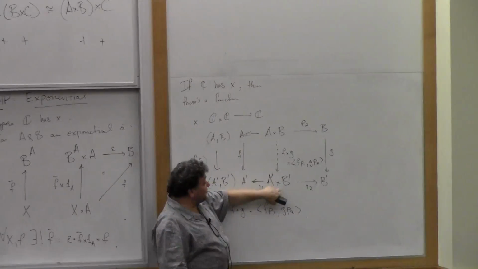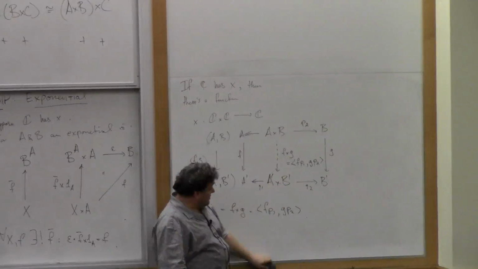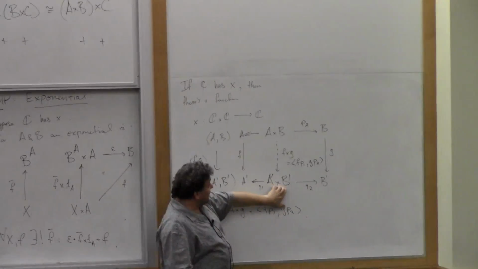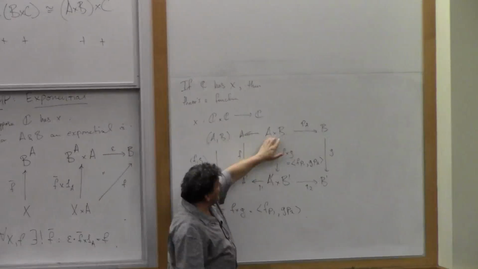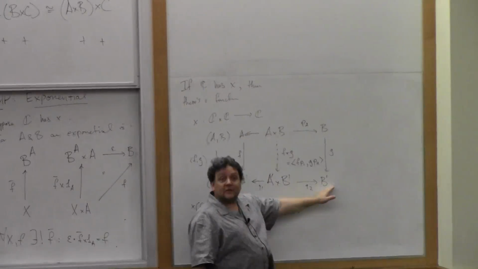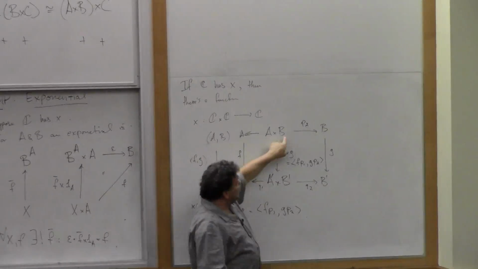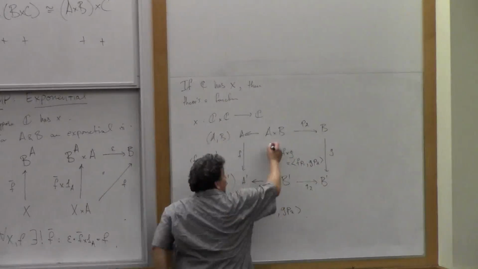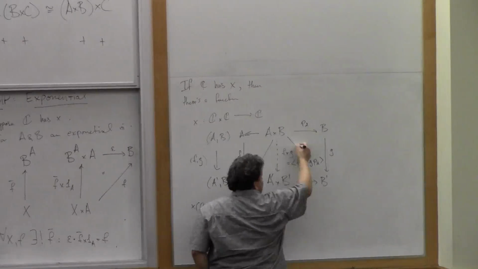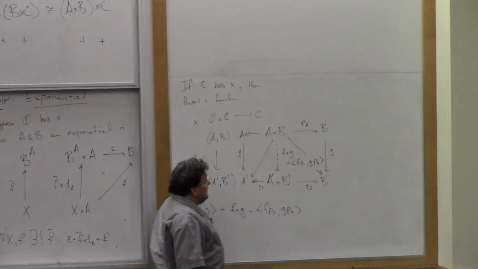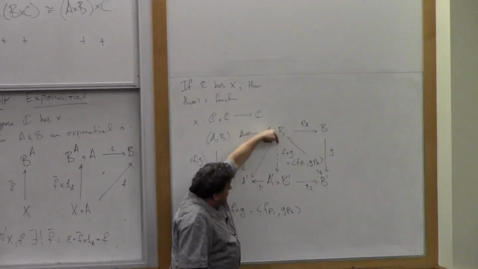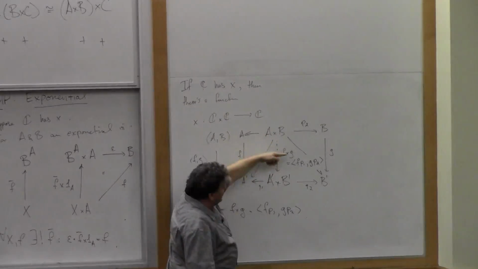Okay? And the universal property of this thing says, given any object and any maps into A prime and B prime. So what are my maps? Well, they're these composites. Take those two composites. That gives me maps like that. Then there exists a map right here making the two triangles commute.